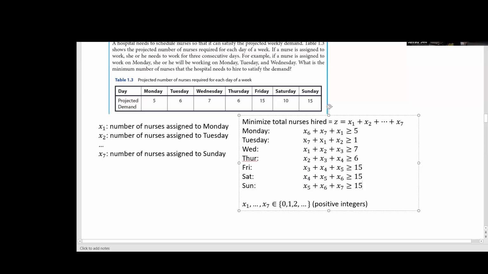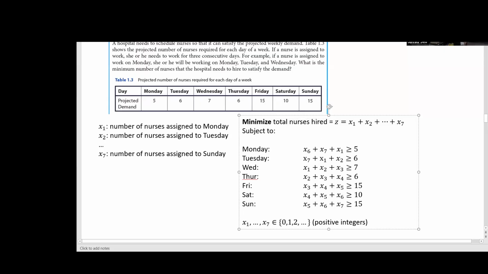This is Sunday, which has to be 15. All right. The Tuesday line should be 6. Tuesday, 6. 6, 7, 6, yeah. Okay, now this is a complete model. Minimize, subject to the constraints, and so forth.